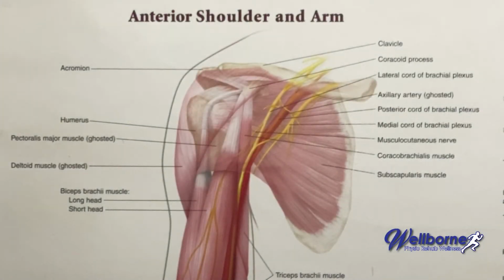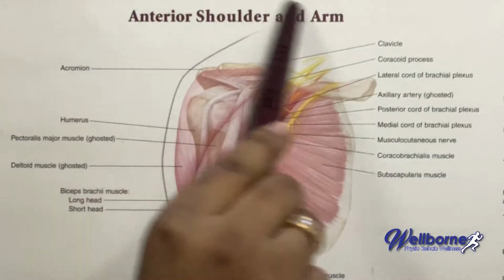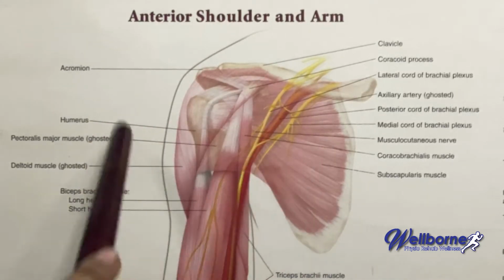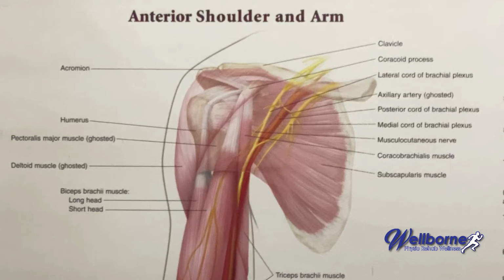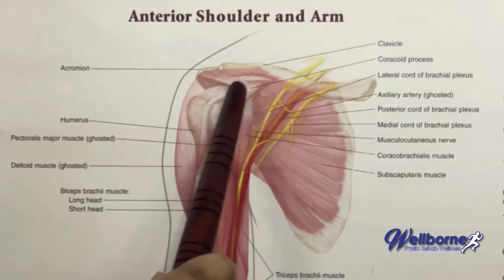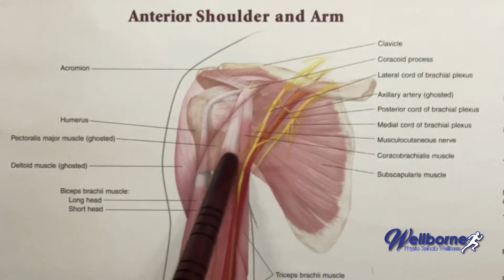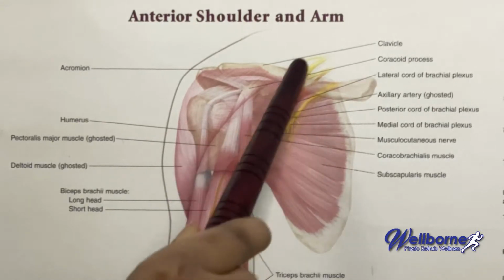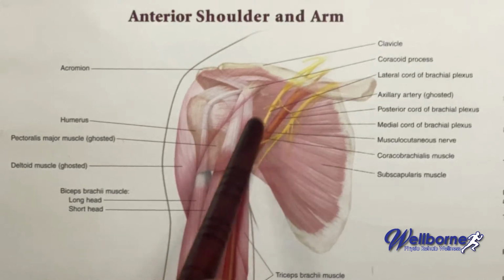Alright, let's have a look at the shoulder diagram. As you can see, these are the muscles around your shoulder joint, and the common place where you always get injured is around this area. As you can see, nerves and arteries are running through this passage.